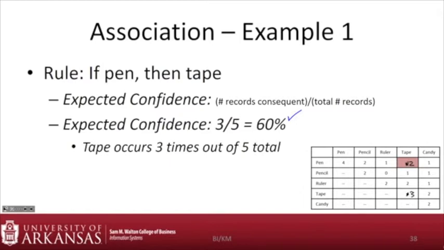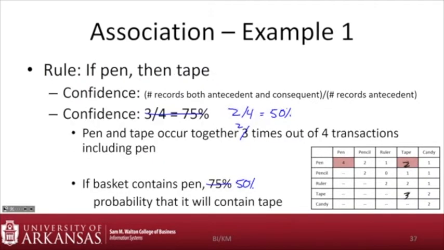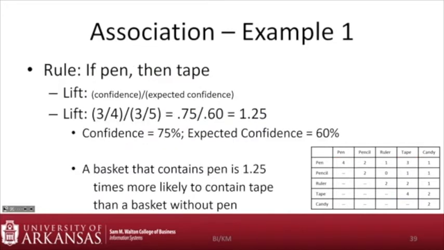Out of the tape, we get 3 out of 5. This is really the one that should be highlighted, not this. We're doing 3 out of 5. So then if we take this here, our confidence was 2 out of 4. We kept the 3 out of 5.